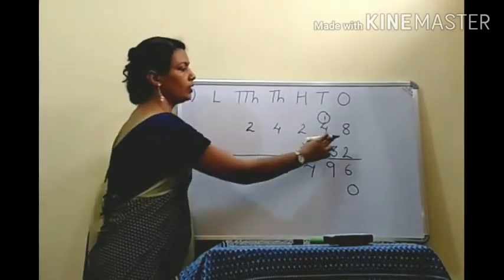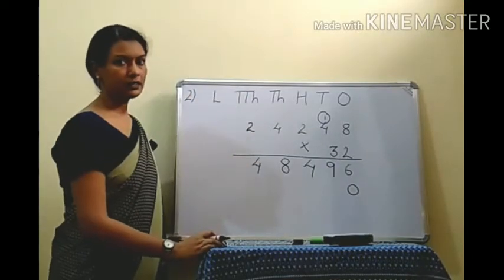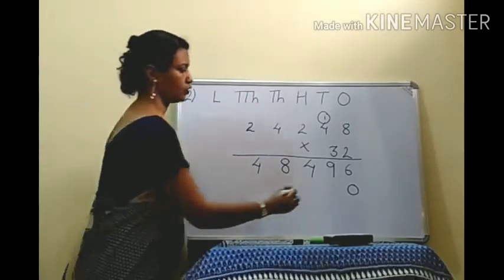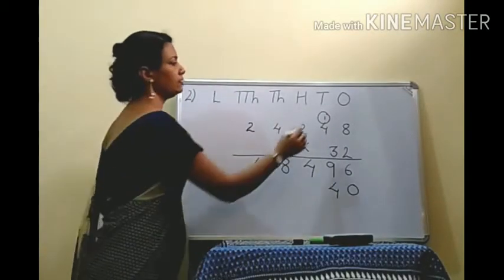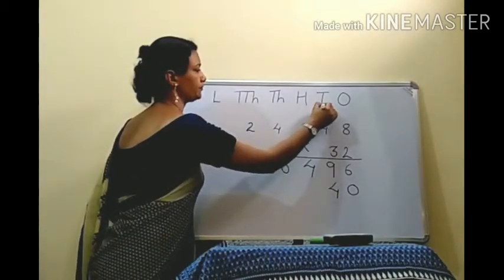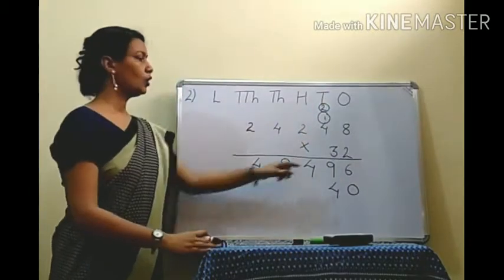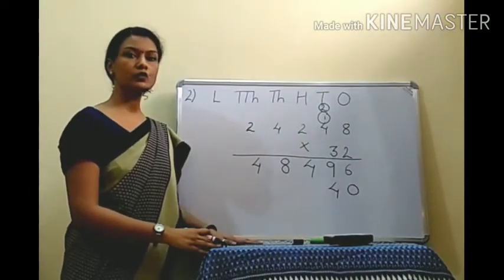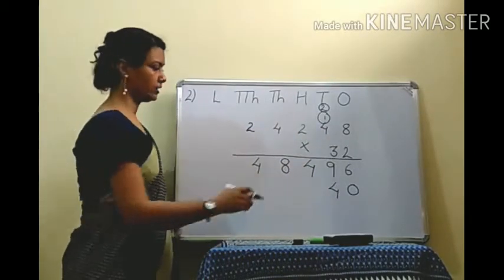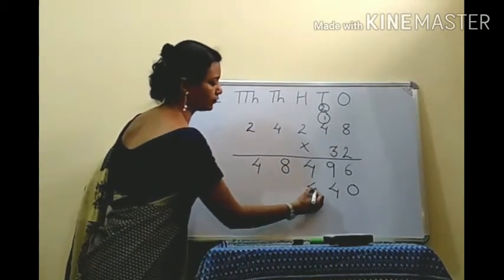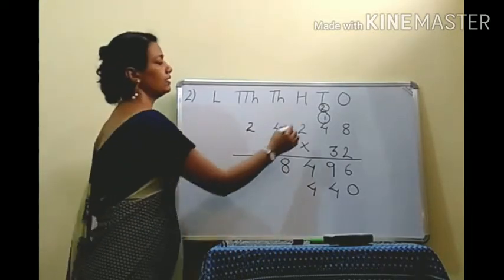Okay. Now 8 into 3 is 24. So we will write 4 here and carry 2. Now 4 into 3 is 12 plus 2, 14. So again we will write 4 here and carry 1.